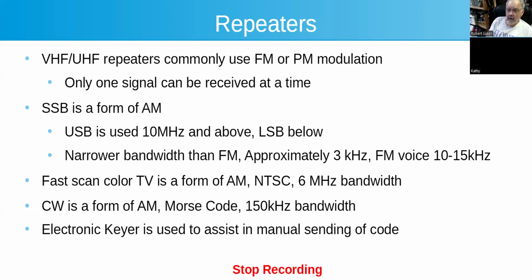If you're doing single sideband in those upper bands, VHF and UHF, it's like I had mentioned earlier, it's just a special case of amplitude modulation where you're only transmitting one of the sidebands of the signal.